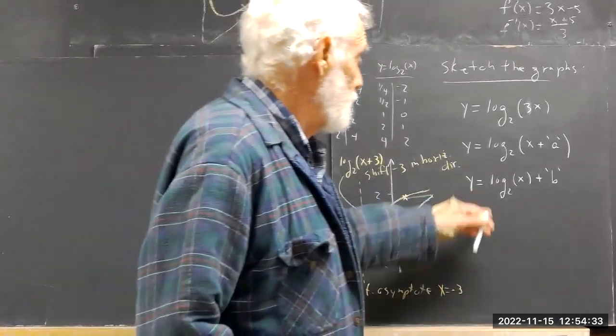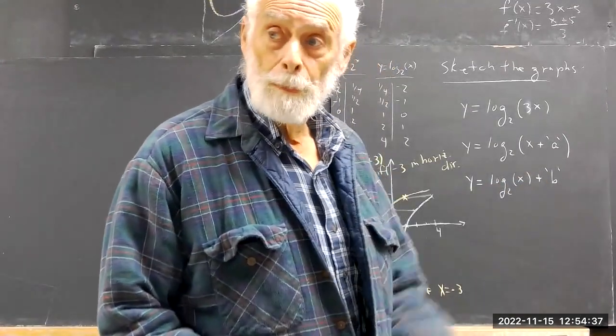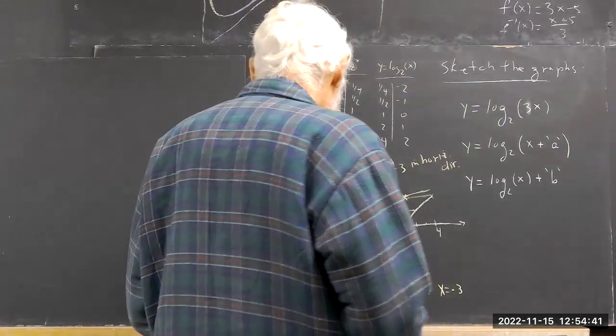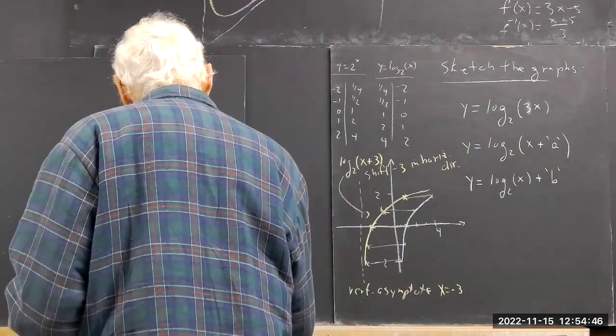What do you do here? Well, you take your log base 2x graph and move it up 3 units. Or b units. So let's say that b was, we don't want it to be too big. I'm just going to do b equals 1.